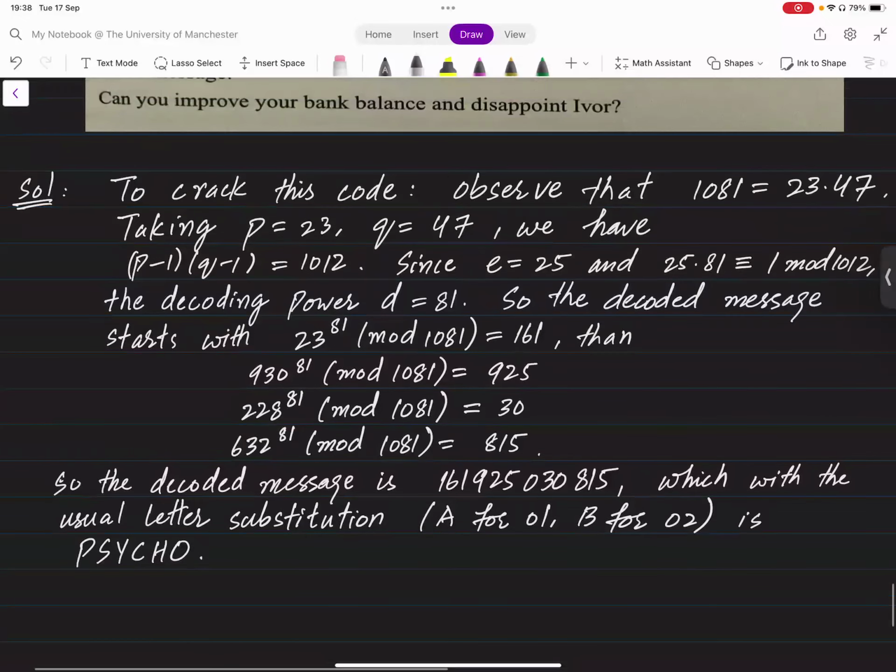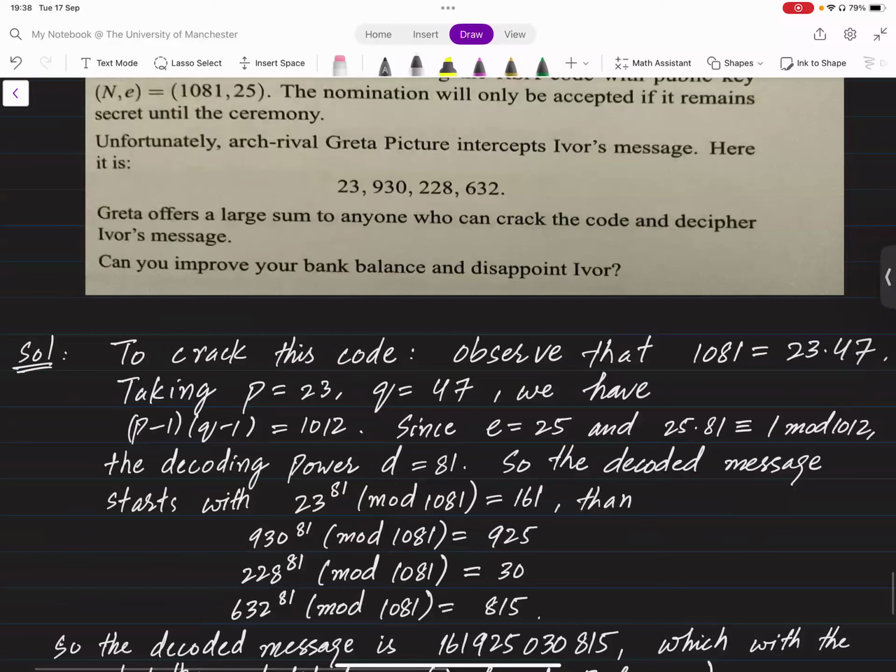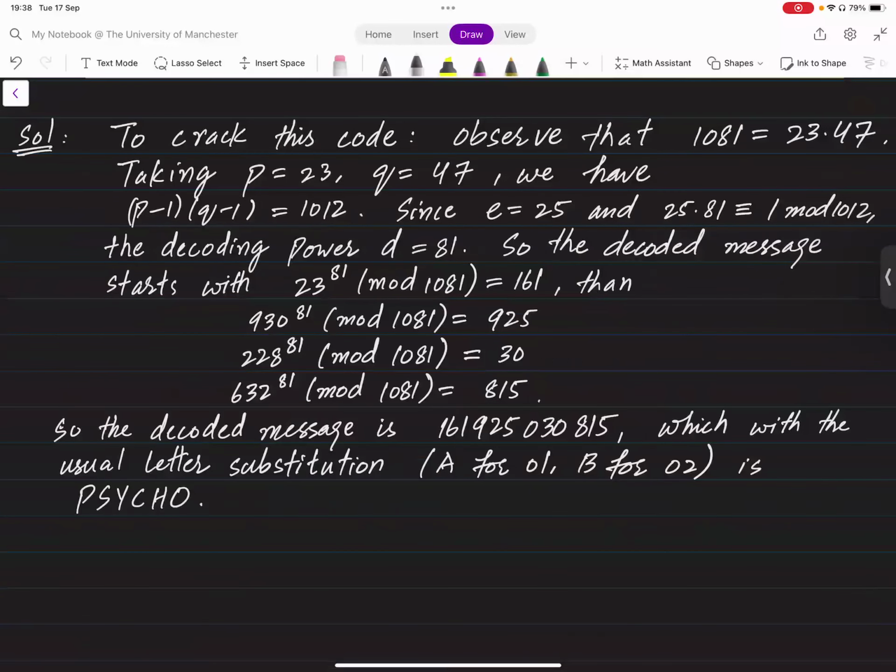So we have just decoded the message. Why? Because the product of prime numbers, which is n, available as a public key, was 1081, very small and very easy to break, and to find the factorization.